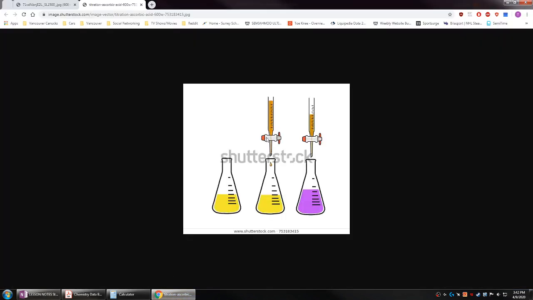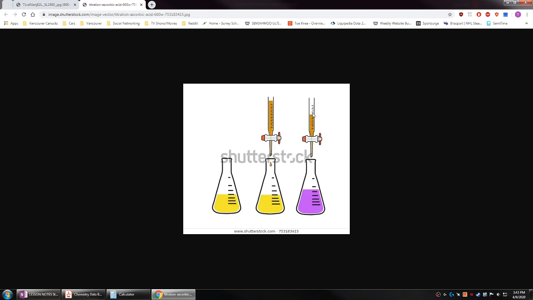So if I look at my previous picture, you have H2SO4 in this flask, you have NaOH in this burette, and you're going to add 21.55 milliliters of this NaOH in the burette into this flask that already has 25 milliliters of sulfuric acid, H2SO4.